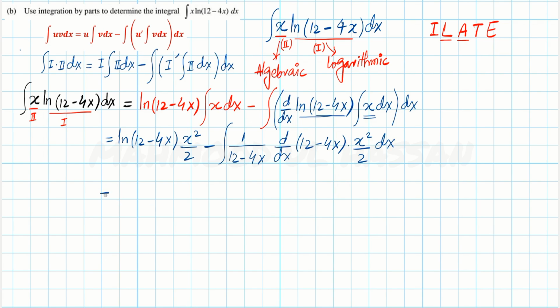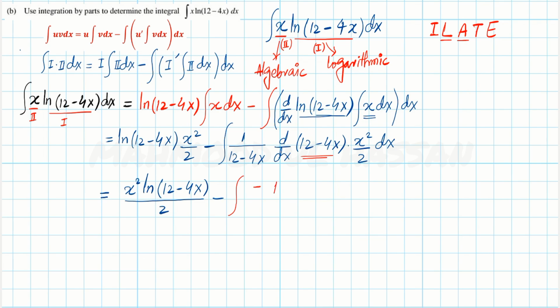Okay, so this will become x squared natural log of 12 minus 4x divided by 2, and then minus the integral, where the derivative of 12 minus 4x is minus 4.